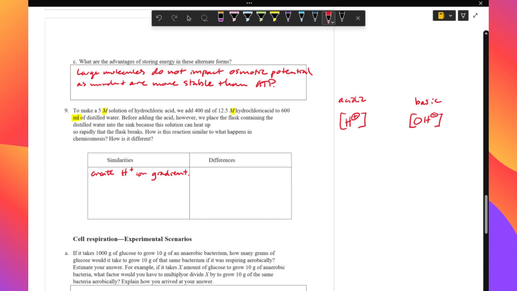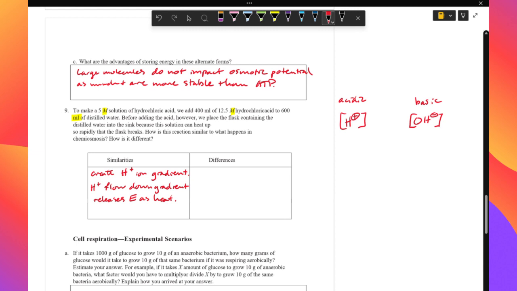As the proton ions flow down this gradient, that is, they mix with the water, they release energy in the form of heat. So proton flow down the gradient, that is from low concentration to high concentration, releases energy as heat.